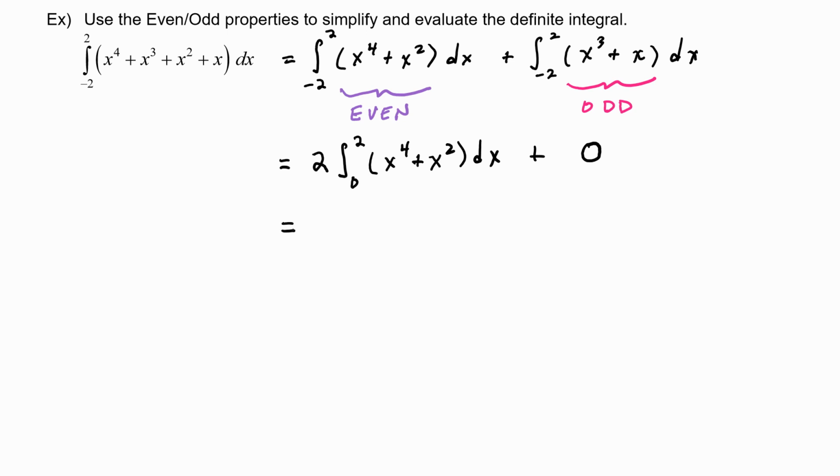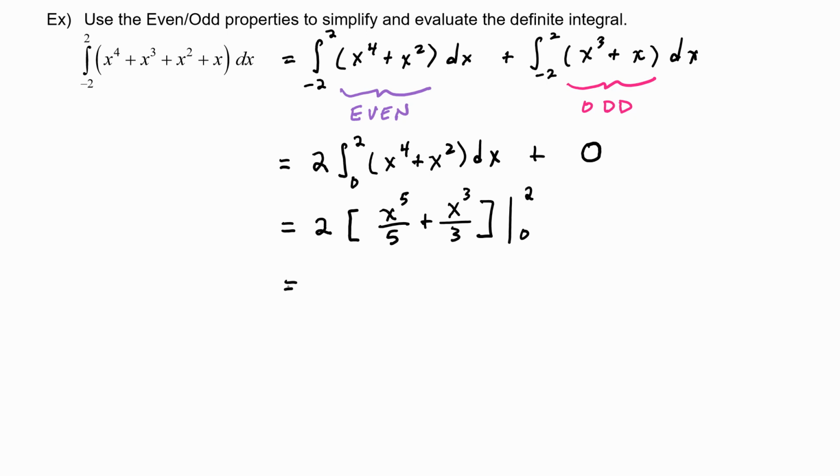Continuing, this is going to equal 2 times x to the fifth over 5 plus x cubed over 3 evaluated from 0 to 2.